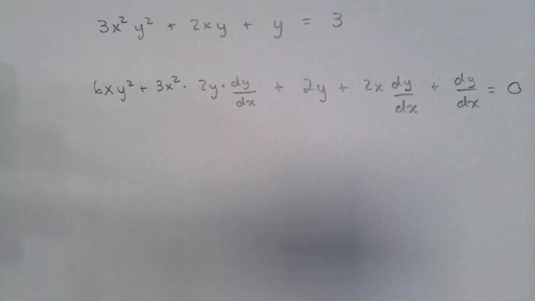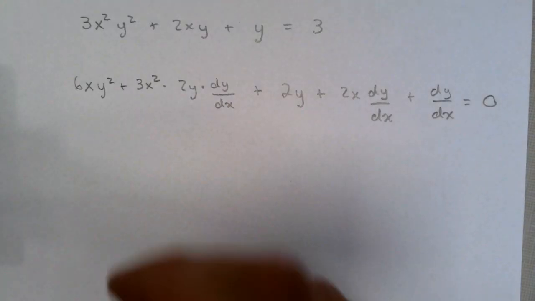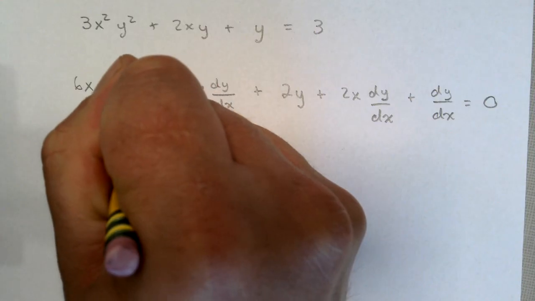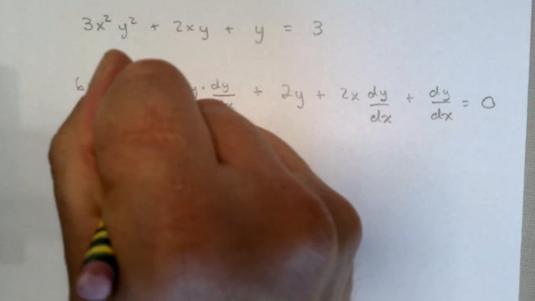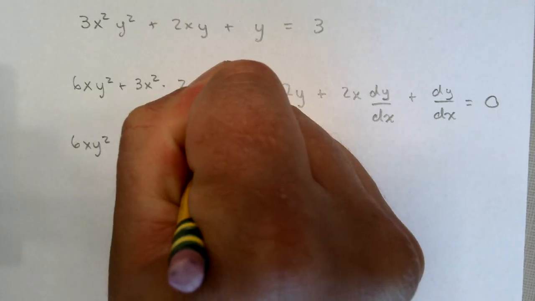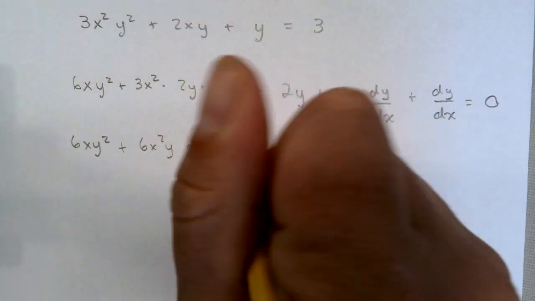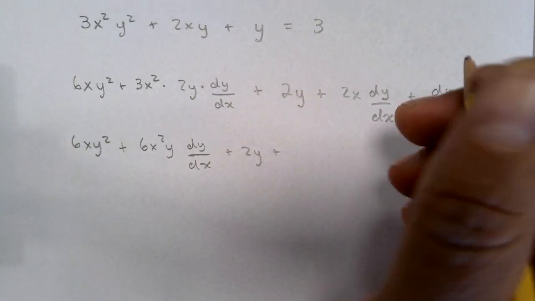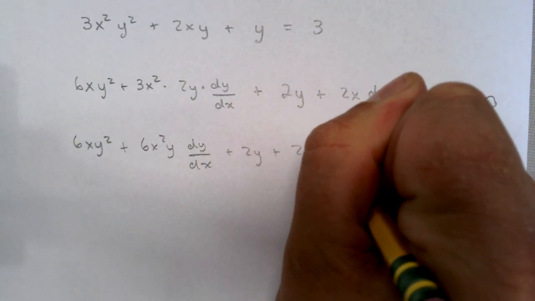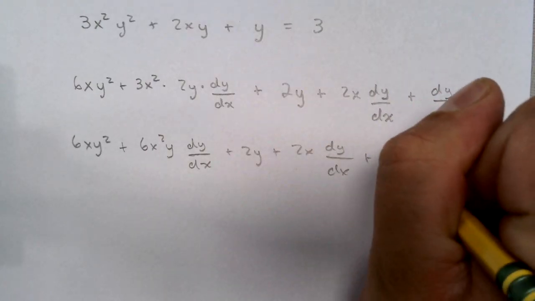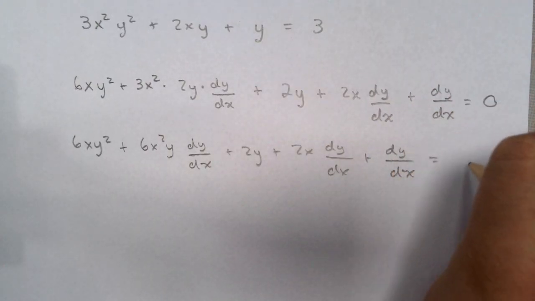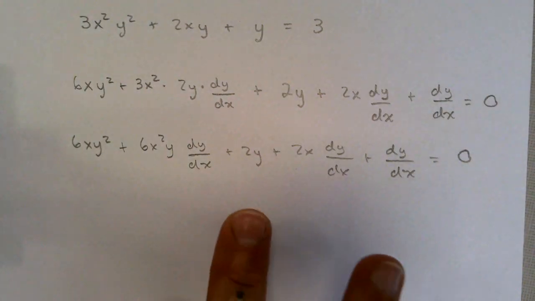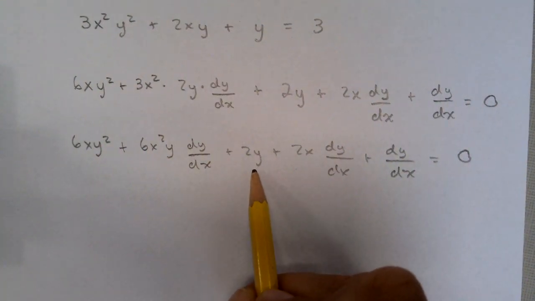Okay, let's clean this up just a bit. So we have 6xy squared plus 6x squared y dy dx plus 2y plus 2x dy dx plus dy dx equals 0. All right, so next, let's subtract the terms that do not contain dy dx.